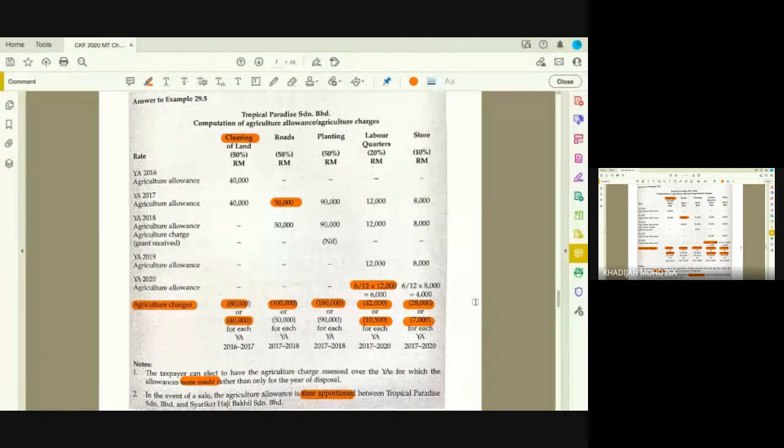So that's why the Land Revenue Board gives you an option that you can apply to spread back the charges into the respective years of assessment. So it's just an option. It means that rather than everything being charged in 1 year of assessment, you are going to spread back the charges into several years of assessment.